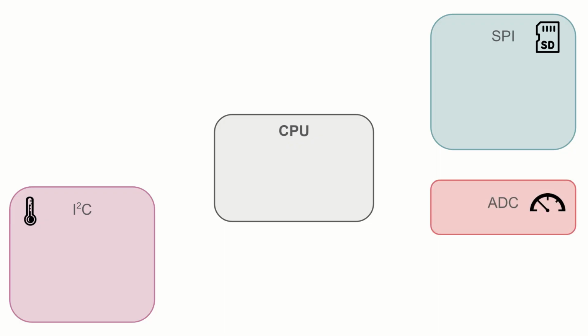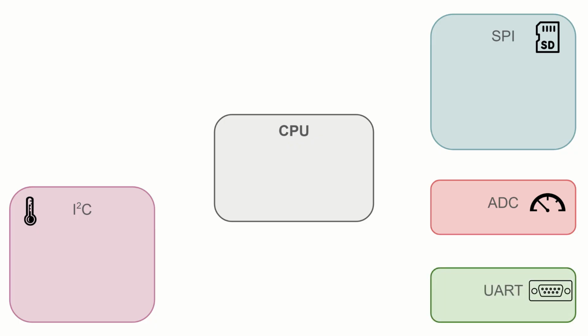There is an analog to digital converter used to process some analog signals or simply to measure the voltage of the battery in our battery-powered device. There could be a serial port used for communication, and most likely some GPIO pins are involved as well.